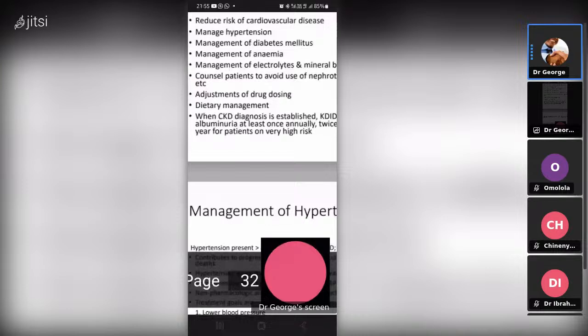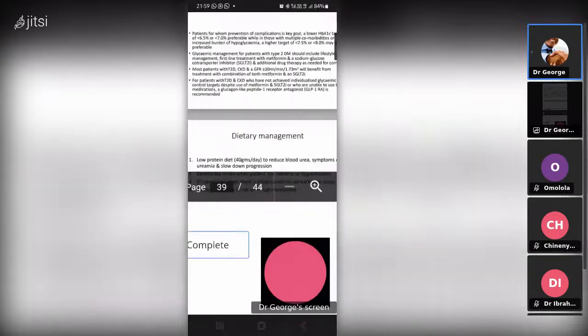There's this canagliflozin. So you see a patient with heart failure and diabetes, or CKD and diabetes, all those things. Those SGLT2 inhibitors, they are very nice. They are new drugs.